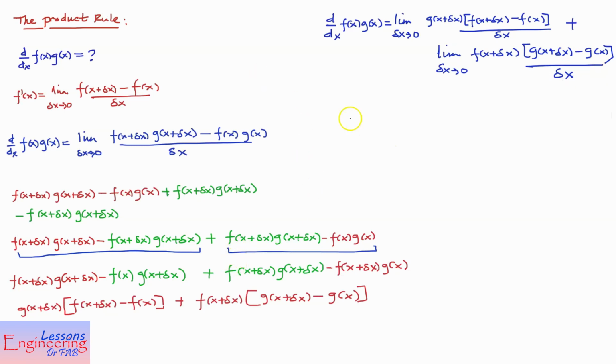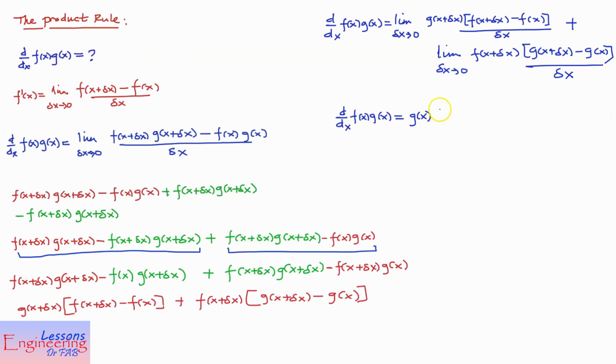All right. So this means d by dx of f of x times g of x equals, now from this expression, the limit as sigma x approaches 0, so that will be 0 and we have g of x. Okay, so g of x, and the limit of that is the very definition of the first principle of derivatives for f of x.